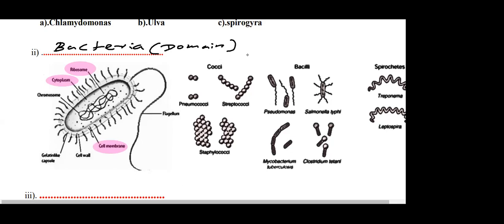Now these three are highlighted. Actually, this is not a chromosome. We don't call the bacterial DNA a chromosome, we call it circular DNA, because not everything you download from the internet is 100% correct, so I'll erase this one. Actually this should be circular DNA, right? Then the cell wall is present.